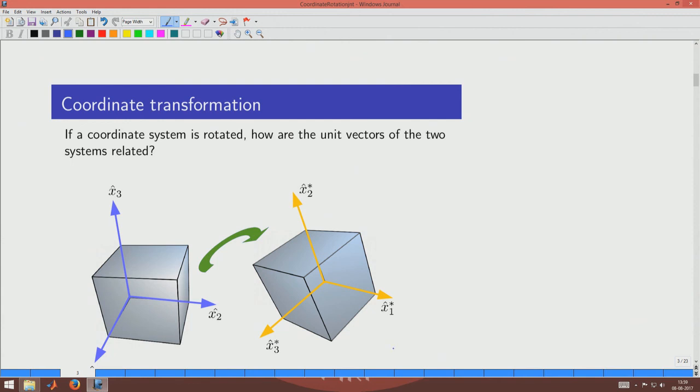So, this is what we mean by the rotation of the coordinate system. As I have shown in the image, the location of the three unit vectors has now changed. Now, when that changes, how do we then represent the new coordinate system in terms of the old coordinate system and vice versa, and if there are quantities such as vectors, how do we represent the components when the coordinate system has changed? So, this is the task that we have ahead for this session.